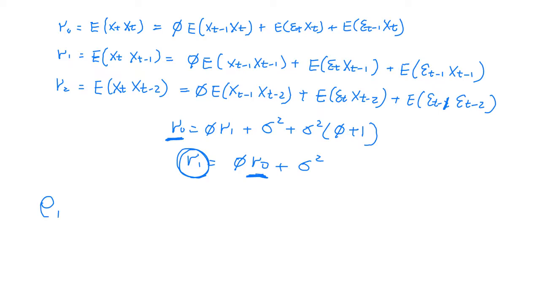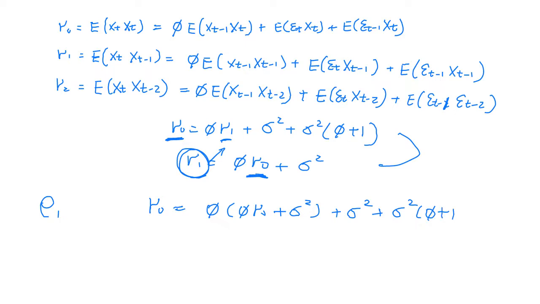Now I have two equations and two unknowns. How do I figure it out? I plug in here. Gamma naught would equal C gamma naught plus this plus this plus this. Then just collect the terms. You will get gamma naught.